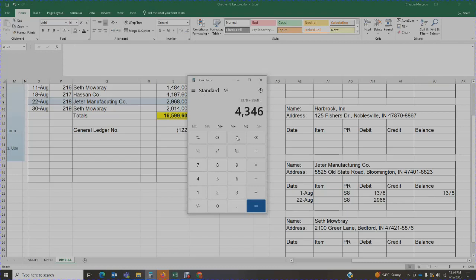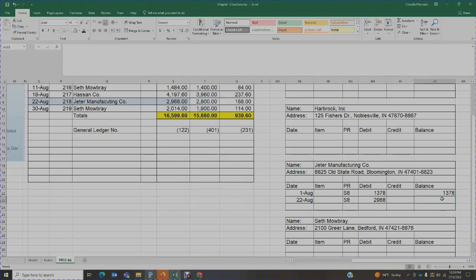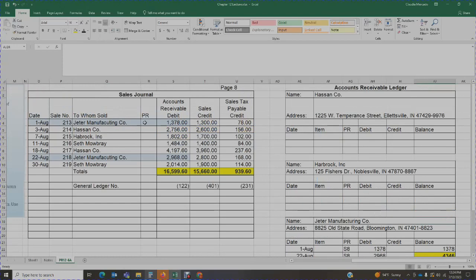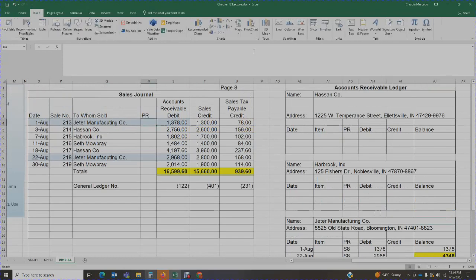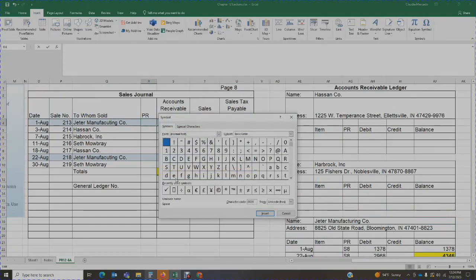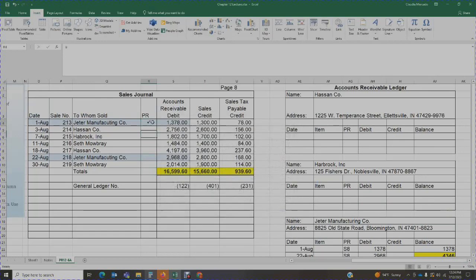That'll give me $43.46. So those are the two transactions that I have for Jeter, and that's my ending balance for Jeter, $43.46. Now that I've posted them to my subsidiary ledgers, I'm going to go ahead and mark them off. They've been posted.